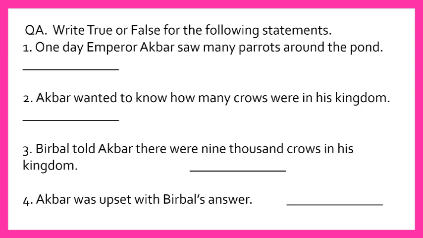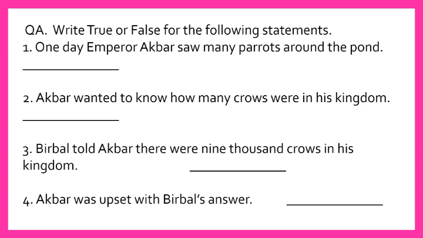Alright, let us see what is there in number 3. Birbal told Akbar there were 9,000 crows in his kingdom. Now let us see in parts. Birbal told Akbar. So was it Birbal only who told Akbar? If you think it's correct, then we are done with one piece of information. Then, Birbal told Akbar there were 9,000 crows.